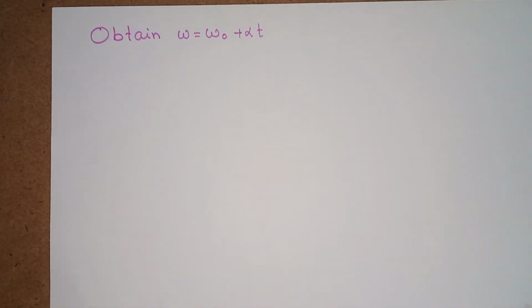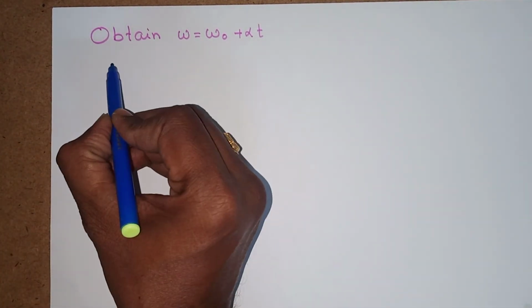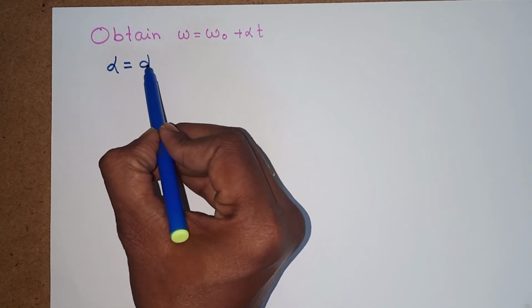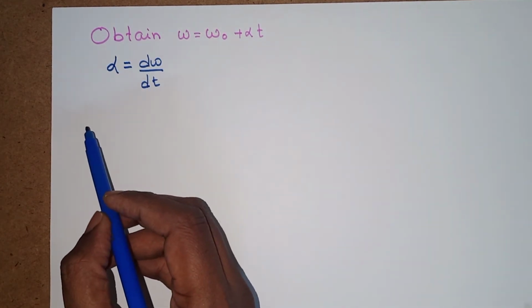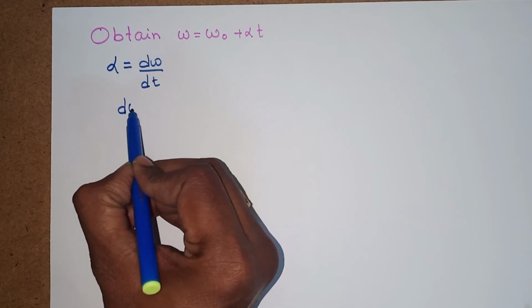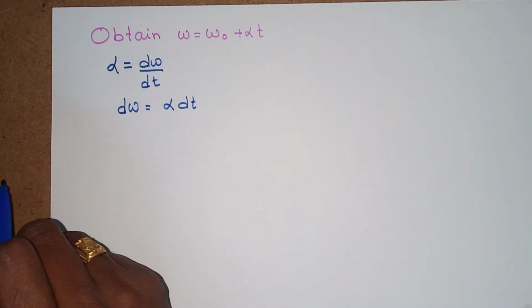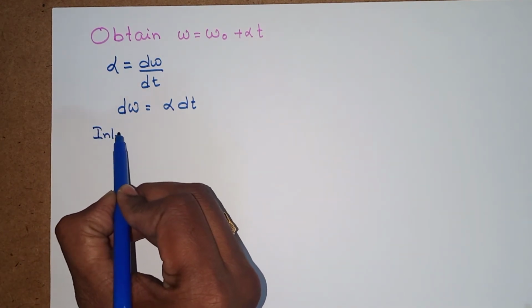How to obtain omega is equal to omega naught plus alpha t from the basic principles that we already had? Alpha by definition is d omega by dt. So d omega is equal to alpha into dt. Now we will integrate on both sides.